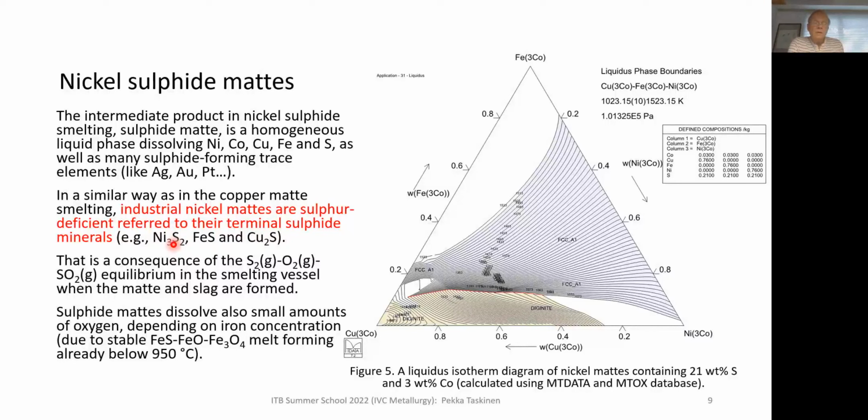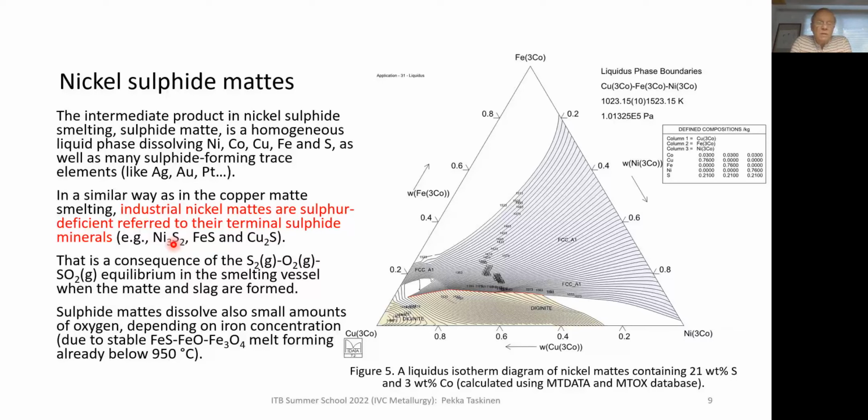This is a consequence of the smelting operation and the formation of a gas atmosphere, which contains sulfur, oxygen, and mostly sulfur dioxide. This gas atmosphere, which is present when the matte is formed, burns away, so to say, more sulfur than these pure sulfides have, which actually generates more energy in the smelting vessel.